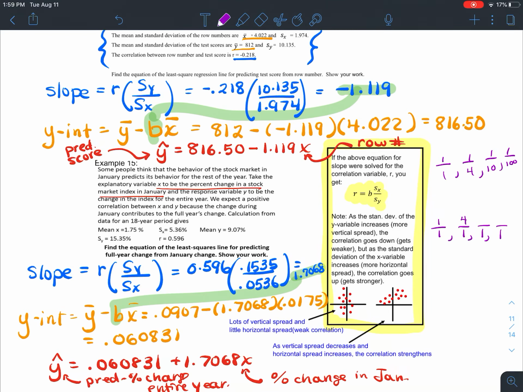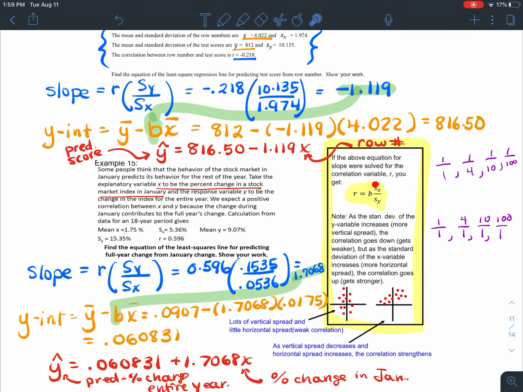But now think about a fraction where I keep the denominator stationary, but change the numerators so that they're getting bigger. What's happening to the overall value of these fractions? Well, this is 1, but this is 4. That's 10.